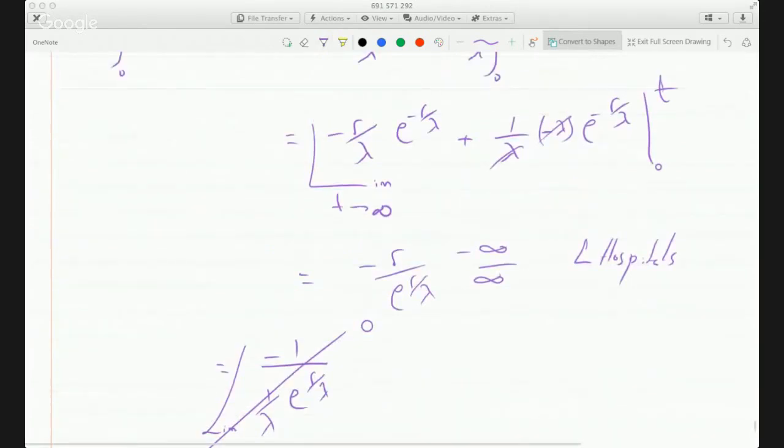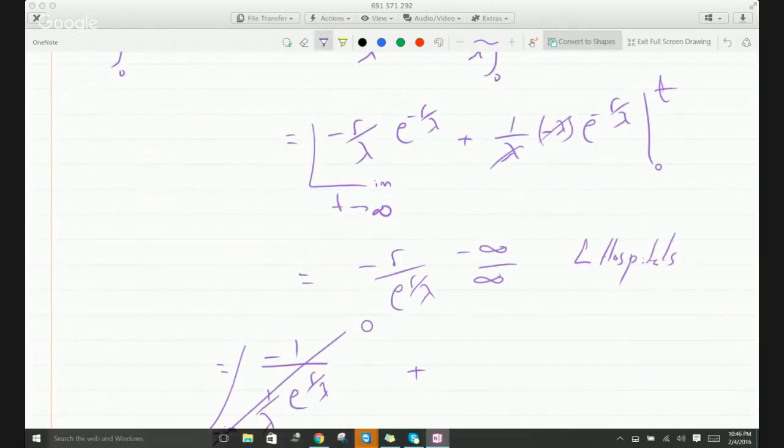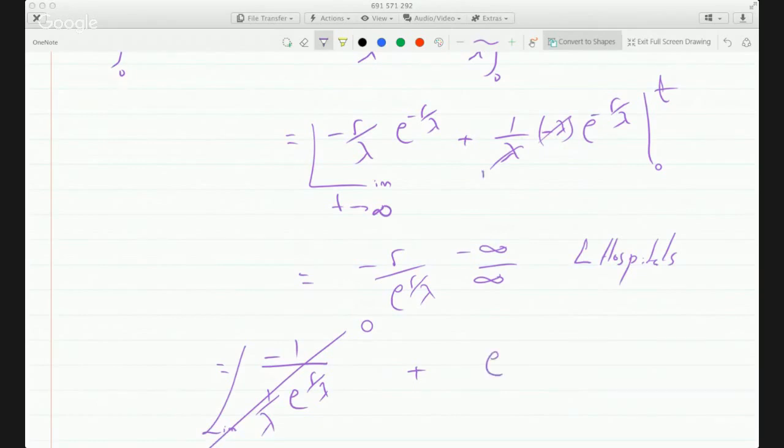Okay, so with that, we get plus the first term. Now I'm doing the second piece. So this is e to the minus r over lambda times minus 1.